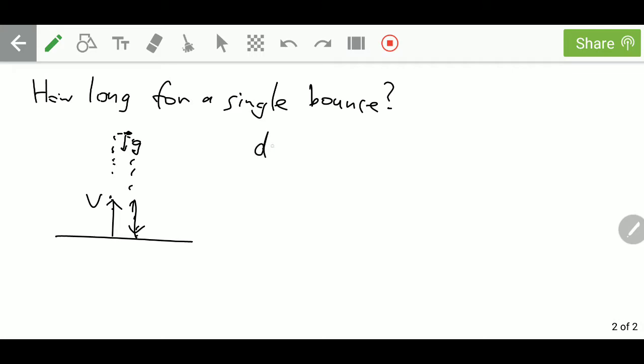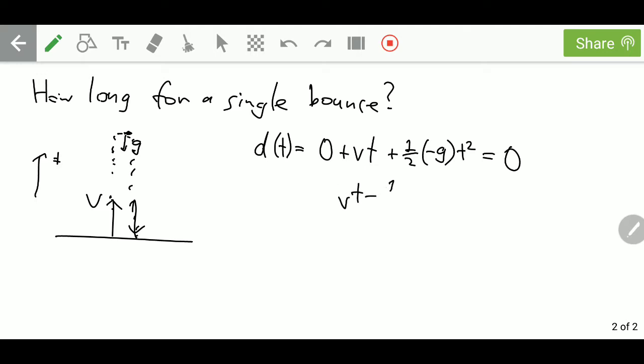The distance at a particular time will be equal to the initial position, which is actually 0, plus the initial velocity times the time, plus 1/2 at squared, where a is the acceleration. The acceleration is actually negative g, so I'm going to define up as the positive direction. And then we want this to be 0. And so what we get is vt minus 1/2 gt squared equals 0.